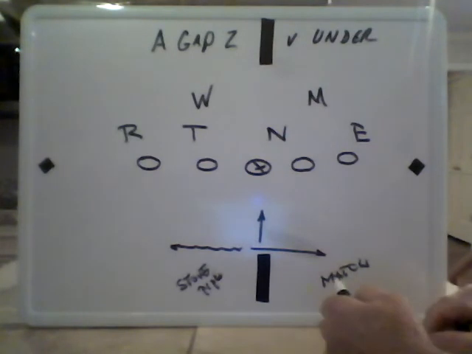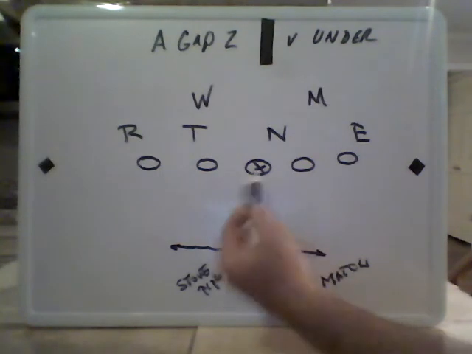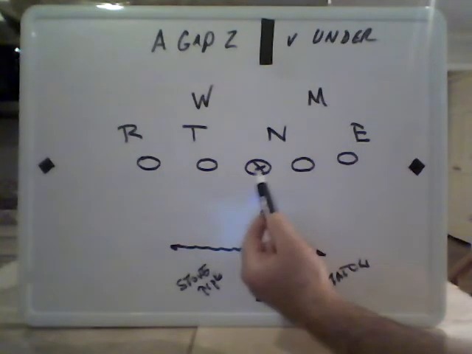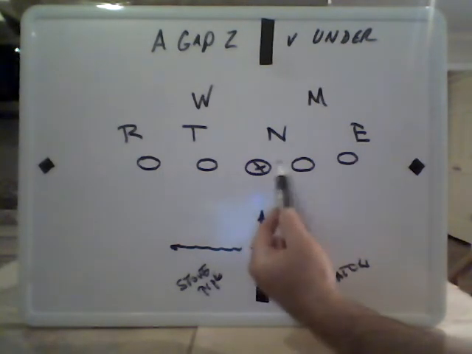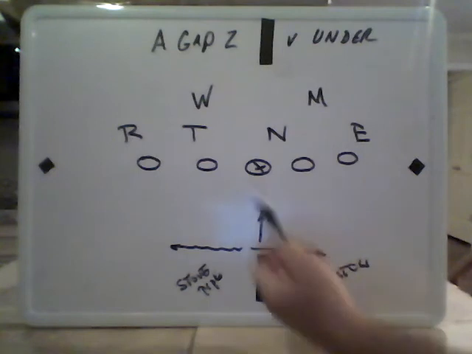It's just the way we've evolved this thing. I don't know if it's good, bad, or indifferent. I've had many discussions, but we did this for a reason. We wanted the center to not have to cover a G front or what people would call a 2-eye yellow on the guard.